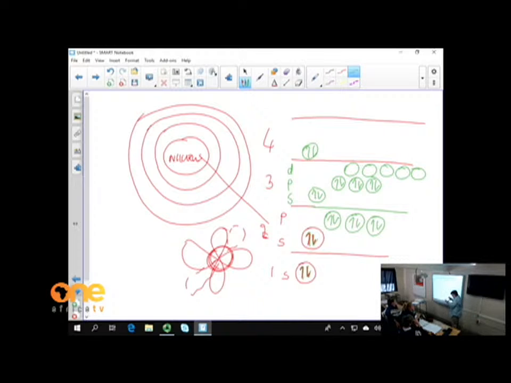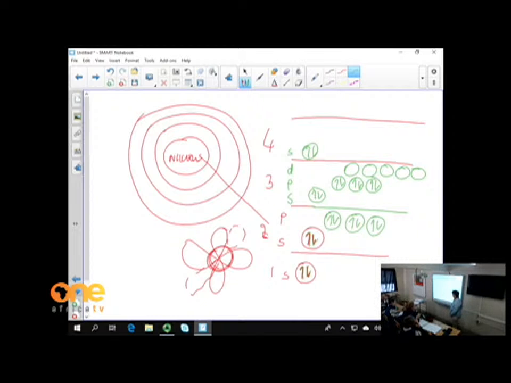This one is superimposed over that one. And that one is superimposed over the previous one. And what it comes down to is, it requires less energy to fill an S sublevel than it does the D. So calcium, with 20 electrons, has 2 electrons in its outer shell. It fits the pattern perfectly.